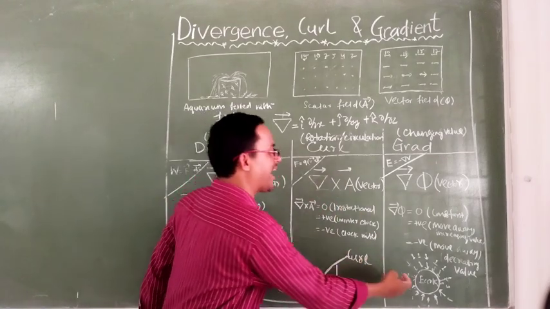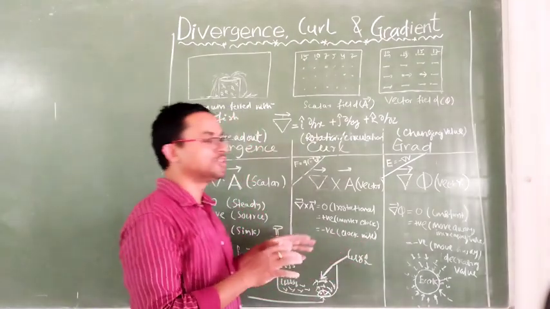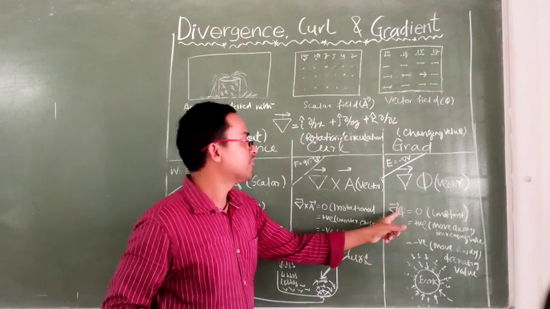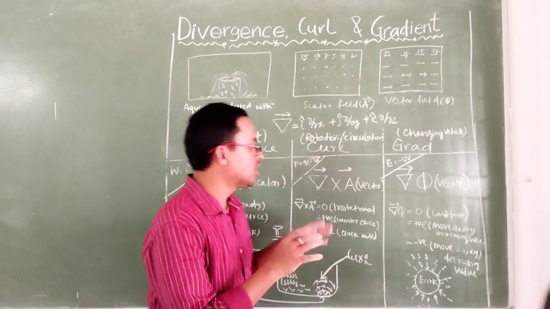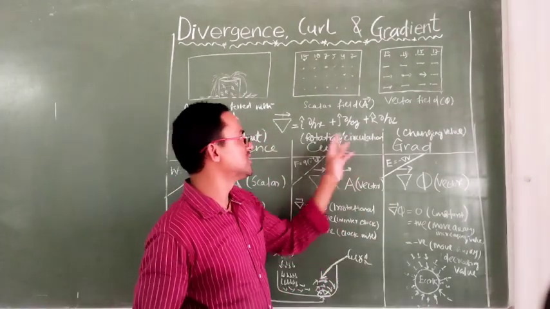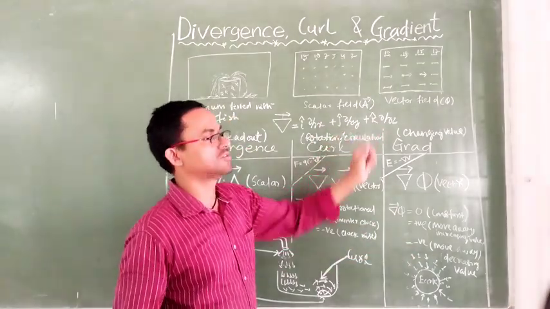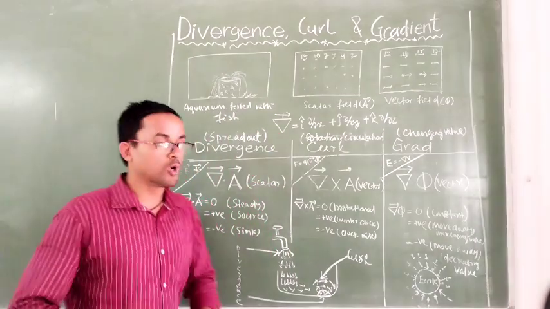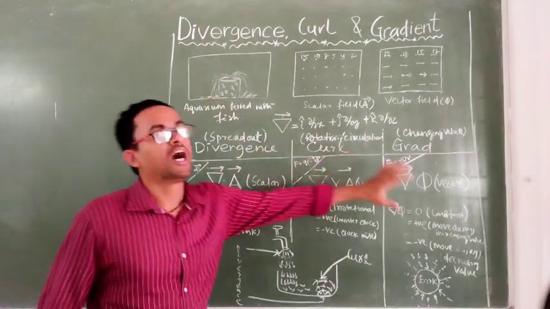If you find the grad phi along this direction, you can find the magnitude value is decreasing, but there is a particular direction. Therefore, grad phi is negative, and we can say the magnitude is decreasing in the direction we are considering, del by del x. In the x direction the magnitude is decreasing, in the y direction the magnitude is decreasing, as well as in the z direction. I hope all of you understand the concept of divergence, curl, and gradient.